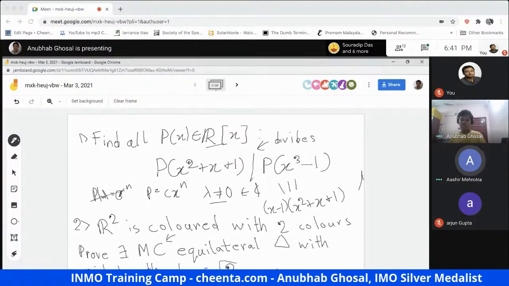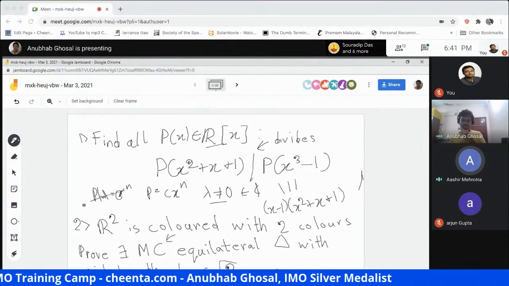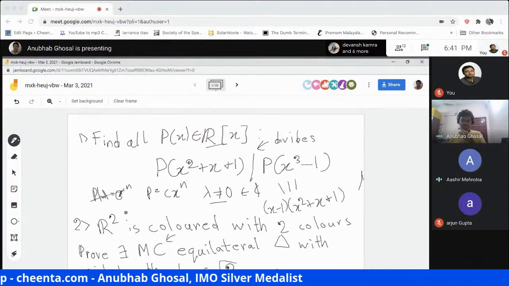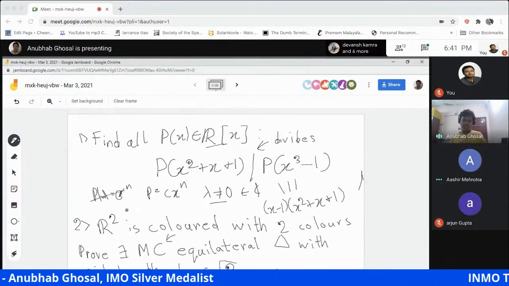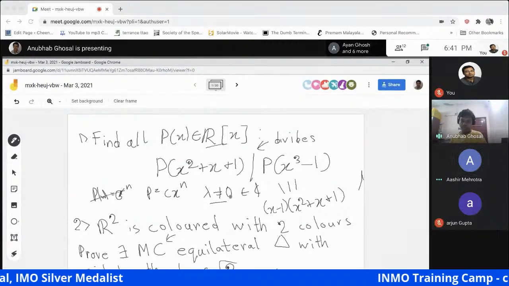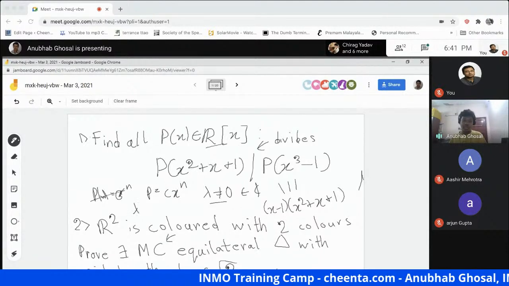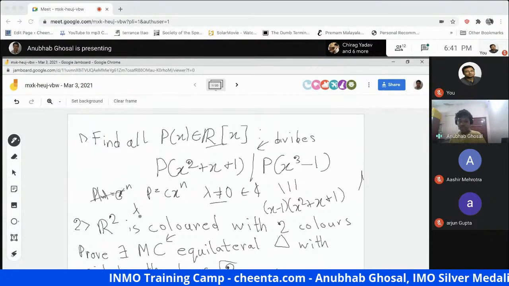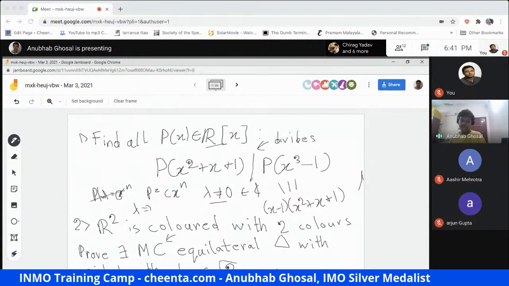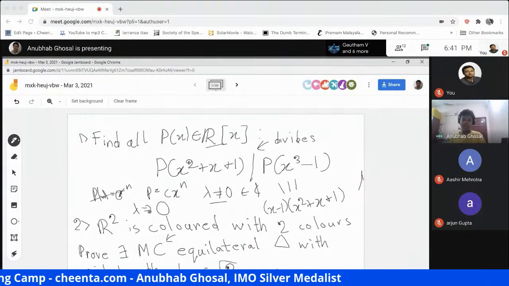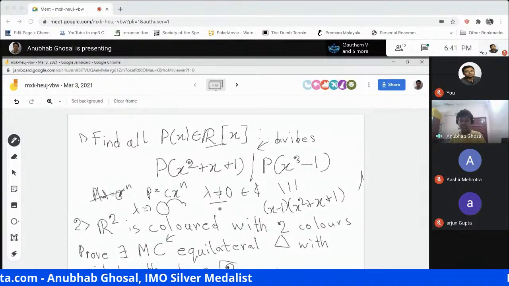Every root of p of x squared plus x plus 1 is a root of p of x cubed minus 1. Yeah, that's true. So from this and the fact that lambda not equal to 0 is a root, you have to construct an infinite family. Basically, you have to show that if some lambda is a root, that implies something else is a root, and from there you can find another root and so on.